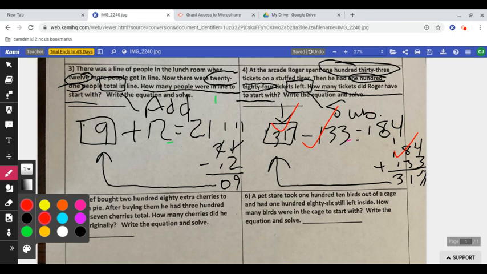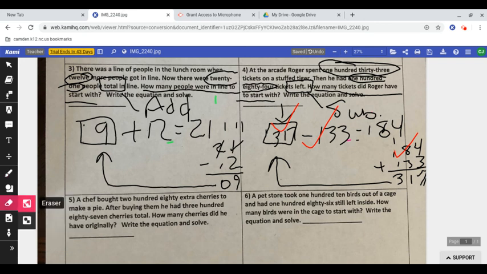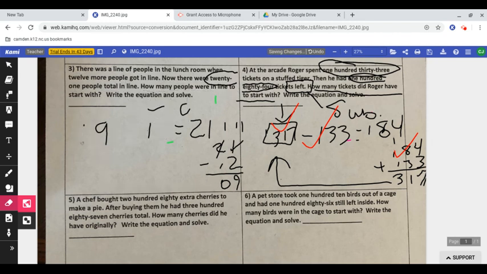You can pause here if you need to catch up, look at these again, finish writing it down. And I'm going to go ahead and start erasing and move on to 5 and 6.